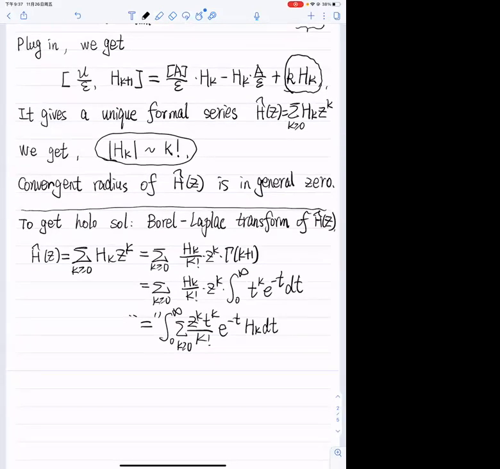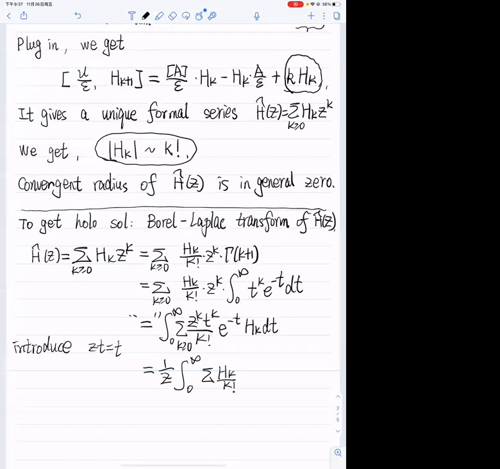And if I introduce a new parameter, let me call zt as t here, then we can rewrite this integral as 1 over z times another integral. What do we get here?